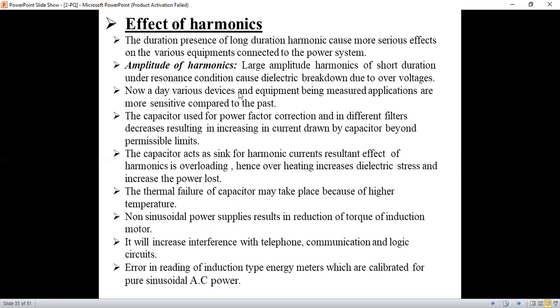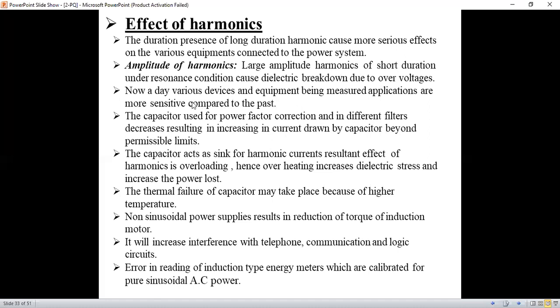To that power system, how many equipments are connected? Various equipments are connected. So because of the longer duration of the harmonics, serious damage is going to occur. Next, amplitude of harmonics: large amplitude harmonics of short duration.